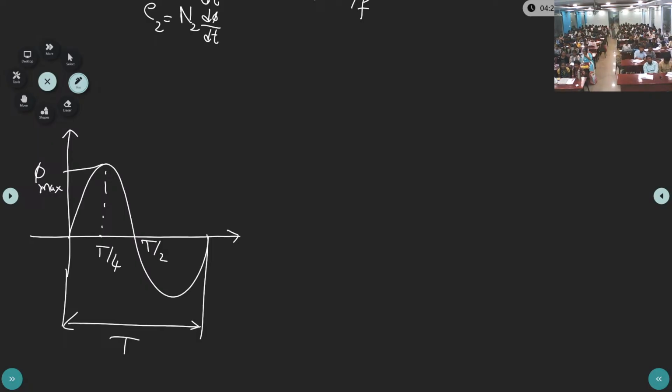Okay, so E1 is equal to N1 dφ by dt. dφ is nothing but the maximum we will get, φ max. This φ max we are getting with respect to which time? dt, the difference of time, is T by 4.